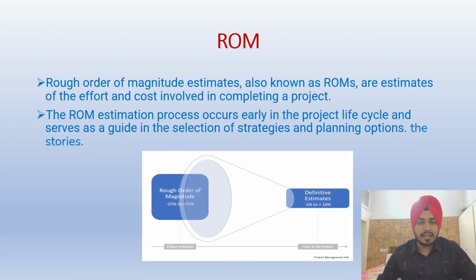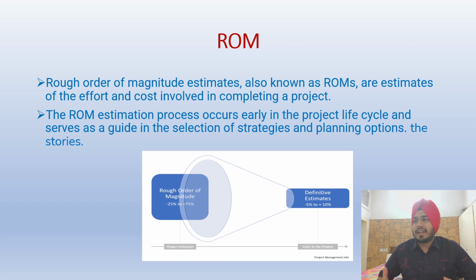The next technique used in the case of a predictive approach is ROM, which stands for rough order of magnitude. Basically we do not evaluate much complexity and we do not break down the user story or the activity.